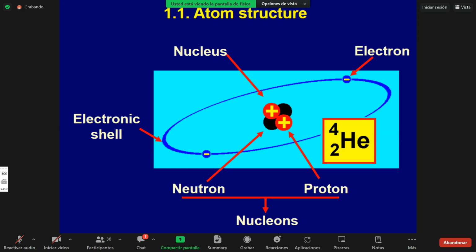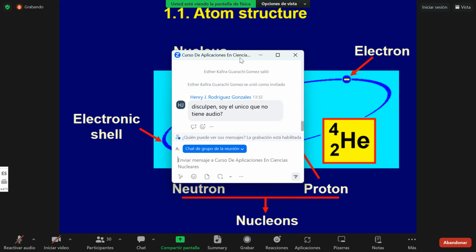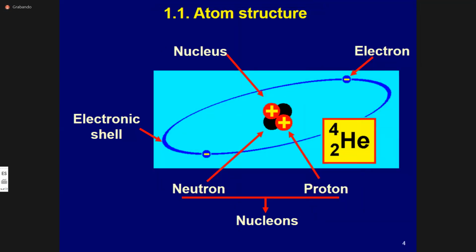The proton has positive charge equal to 1 elementary charge, +1, and the neutron is a neutral particle with no charge at all. The charge of the nucleus is equal to the sum of the charges of protons in it.